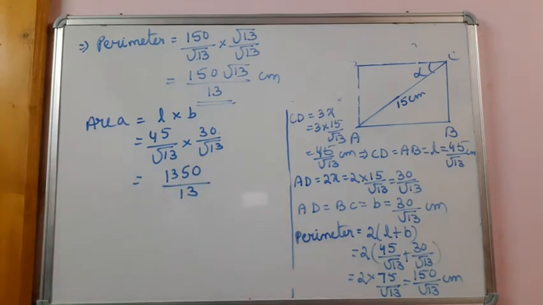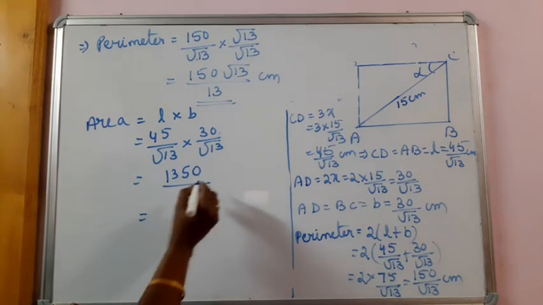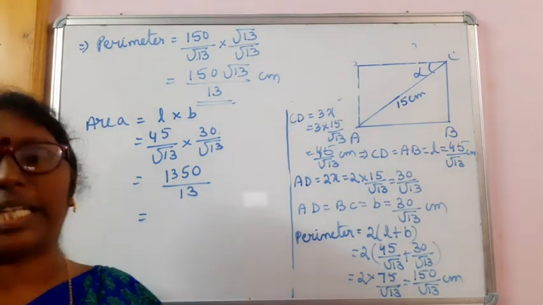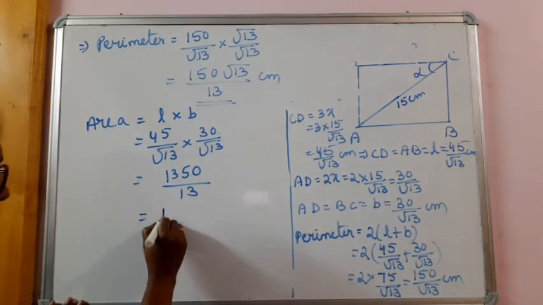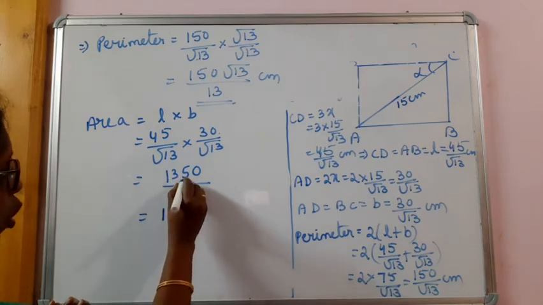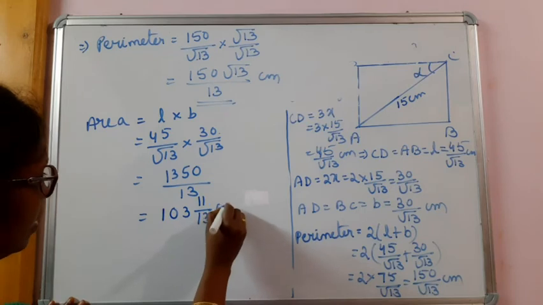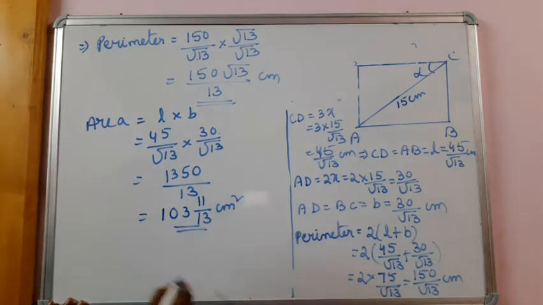Root 13 into root 13 is 13 only. So 1350 by 13. And whenever we get the answer as an improper fraction, we have to convert it to mixed. 13 ones are 13, 13 threes are 39, and 11 by 13 cm square.